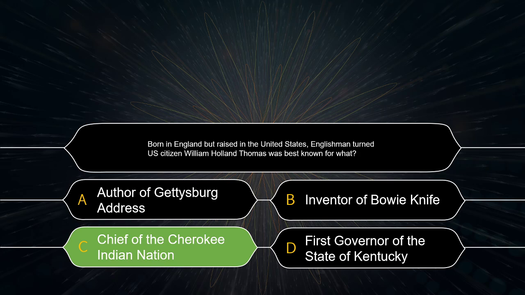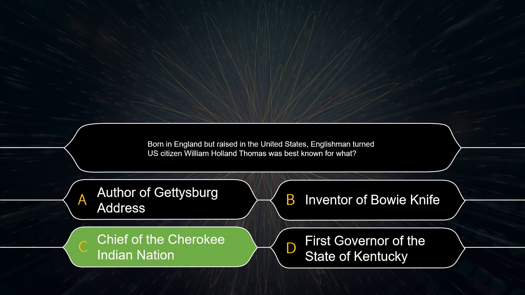Now, the chief had his own biological son and family, and when William Holland got to be about 12 years old, the chief asked if he could adopt him, if he would become his son, and he said yes. So he adopted him. And as time went on, he learned the ways, and not only was he born in England and became a U.S. citizen, but he was also a citizen of the Cherokee Indian Nation.